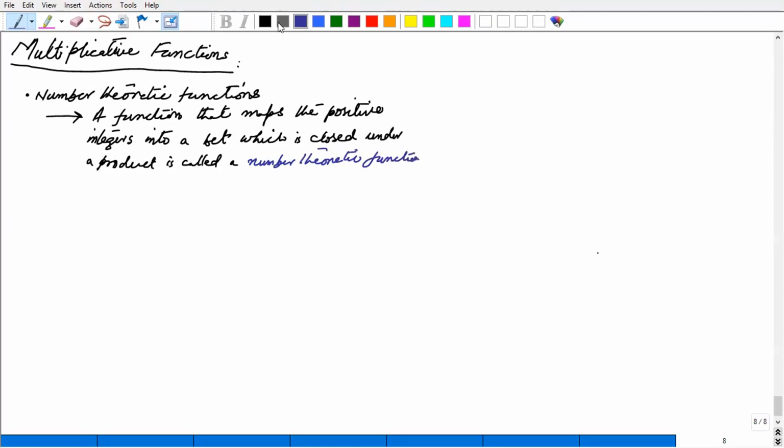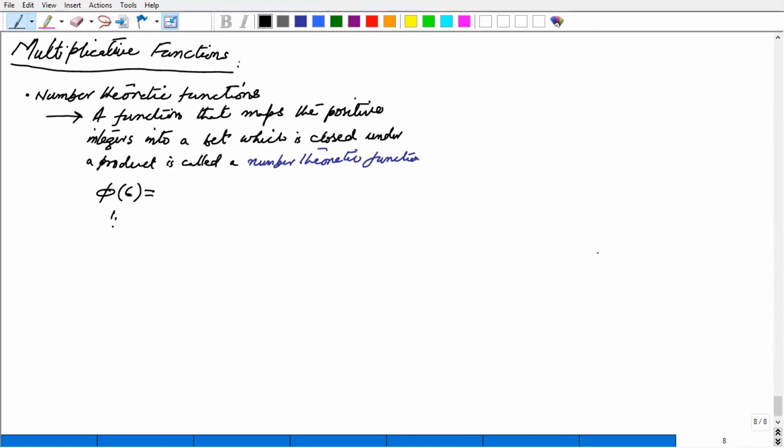Okay. For example, we discussed in the last class the Euler function phi. So function phi is a number theoretic function because we apply phi on positive integers. For example, we apply phi on 6. So then we find the numbers which are relatively prime to 6.